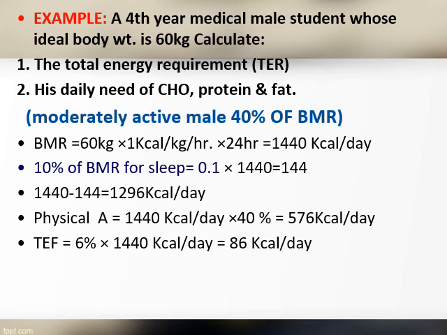So the result is 86 kilocalorie per day. To obtain the total energy requirement, we take the summation of the basal metabolic rate, physical activity, plus thermic effect of food, and it is equal to 1958 kilocalorie per day.